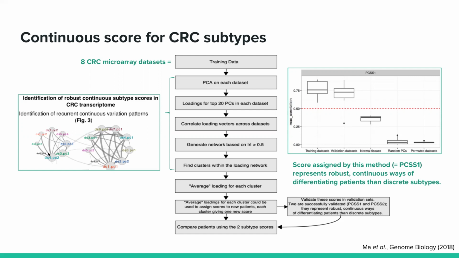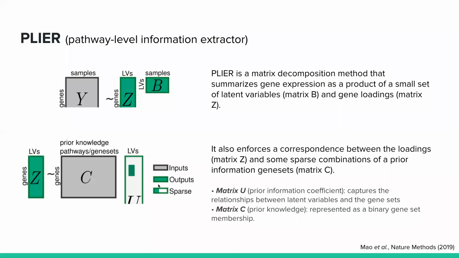And this extended even to extreme cases of different microarray technologies, use of formalin-fixed samples, and the inclusion of RNA-seq as well. So we got the idea here that this was a pretty robust approach to learning axes of variation that existed across multiple studies. So that is just a bit about the background of this.